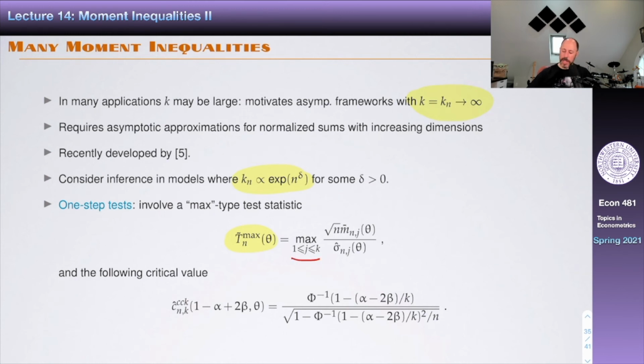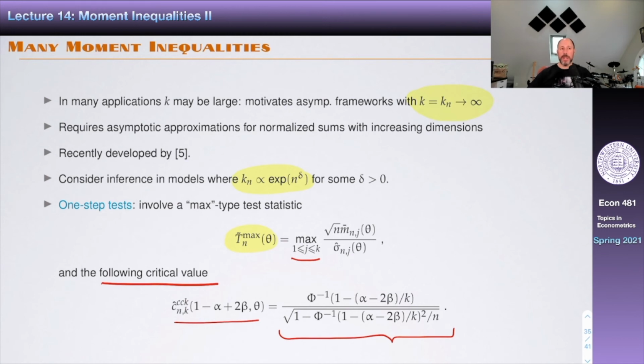And what they show in this paper is that the following critical value, which has a closed form and looks like this, leads to a uniformly valid test. So what is this? It's just the inverse of the CDF of the normal at 1 minus alpha minus 2 beta, divided by kappa.